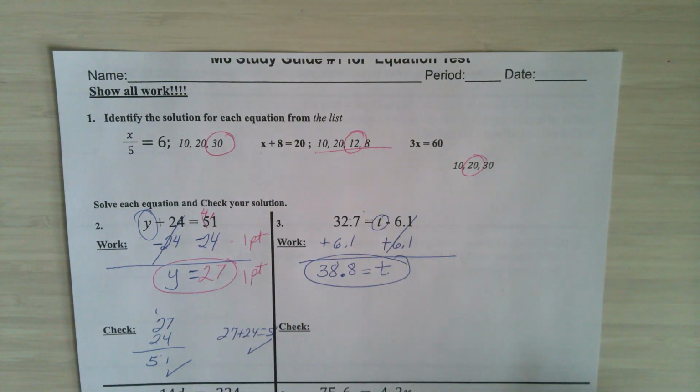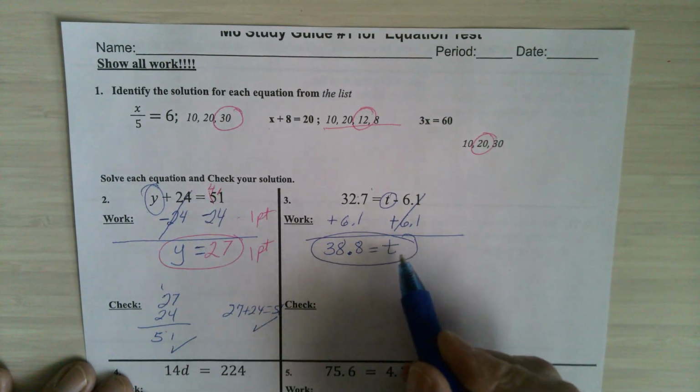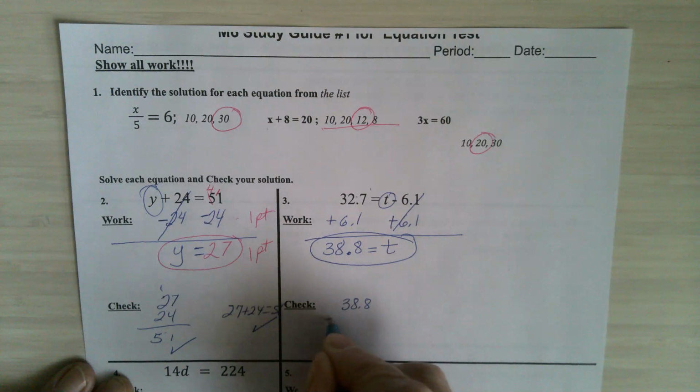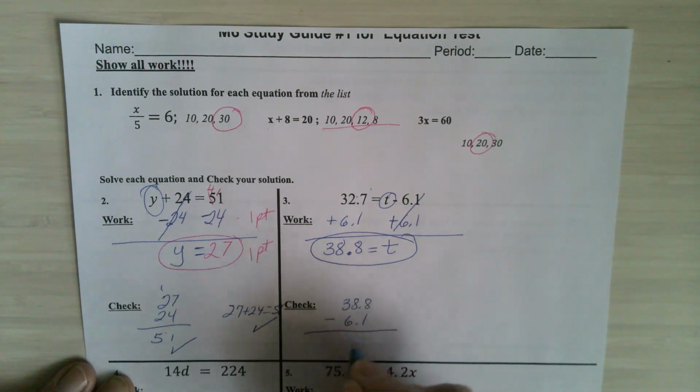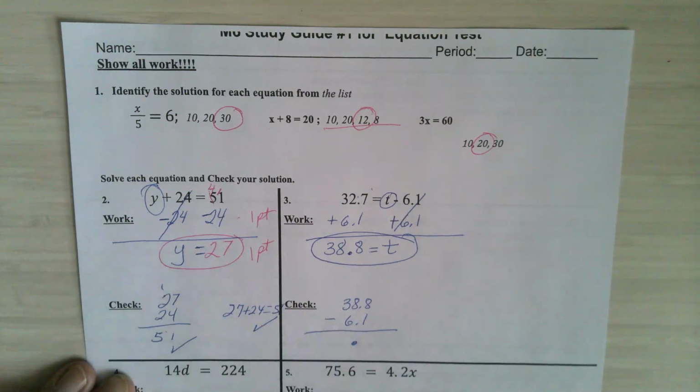Any questions? Now we do the check step. For the check step, you replace t with the value of 38 8/10. 38 8/10 minus 6 1/10. You all know to line up your decimal points when adding or subtracting.